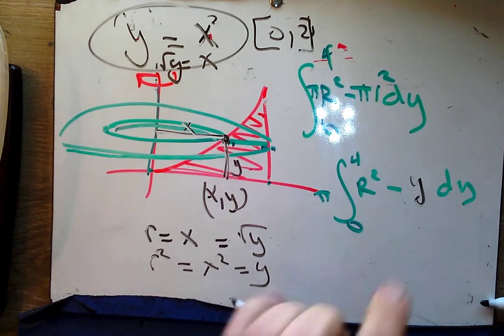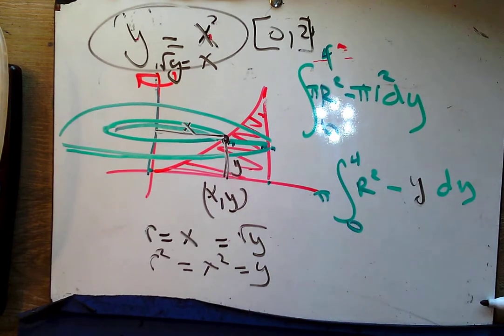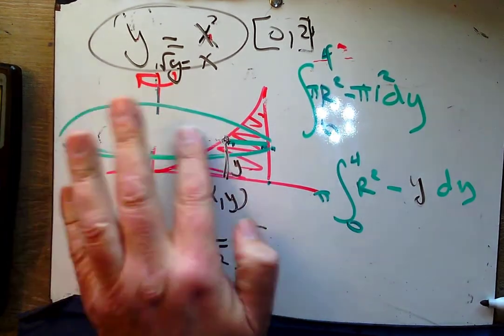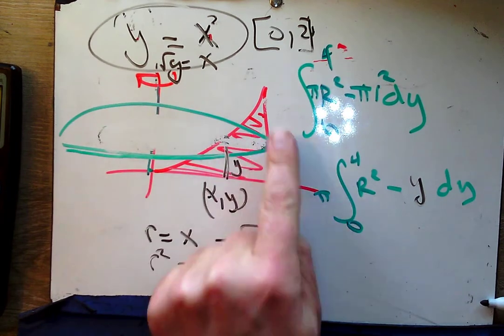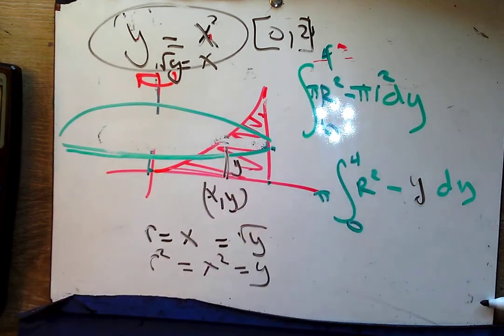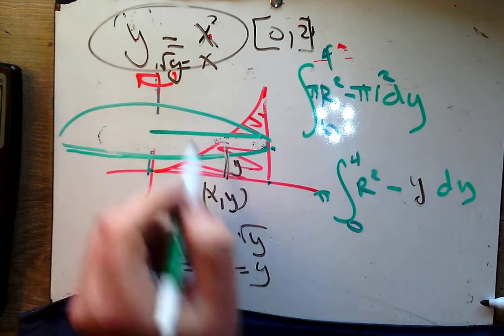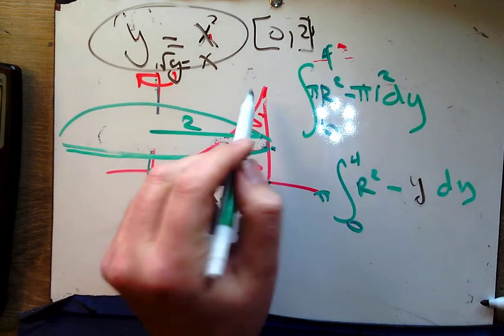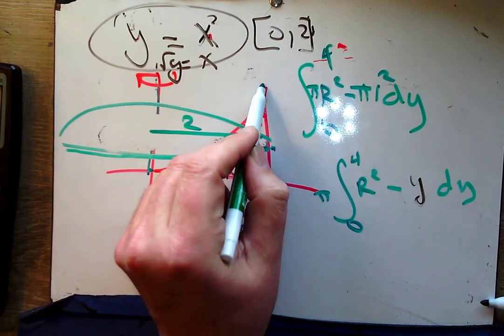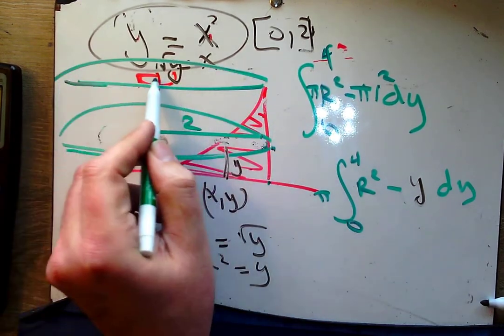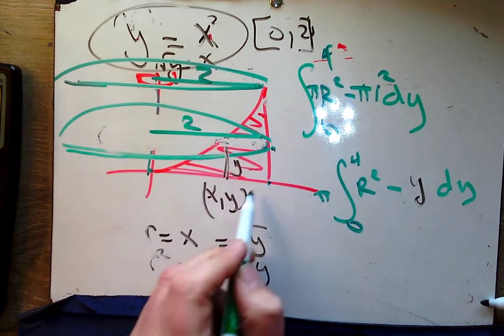All right, now what about big R squared? Well, this is the big circle, and I notice that that distance is 2. If I were to draw my big circle up here, that distance would still be 2.